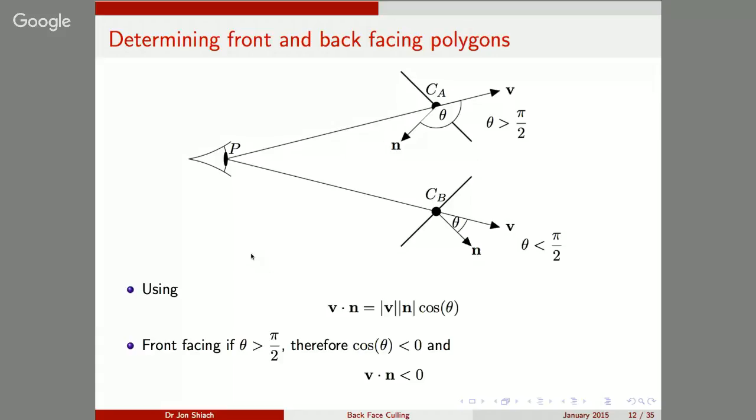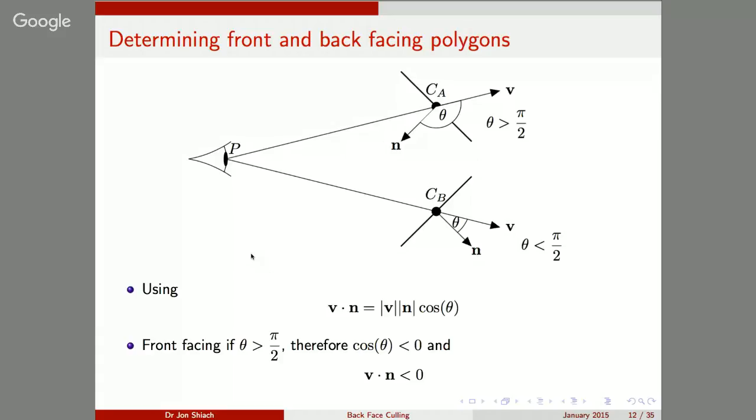Now cosine of pi over 2 is 0, so if theta is greater than pi over 2, cos theta is negative. When theta is less than pi over 2, cos theta is positive.